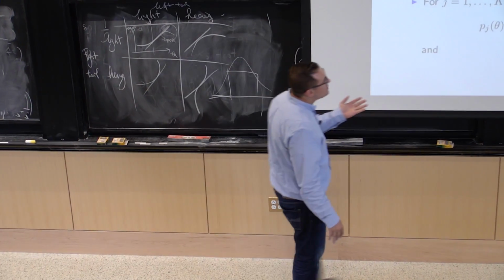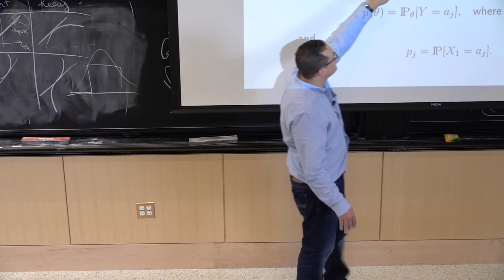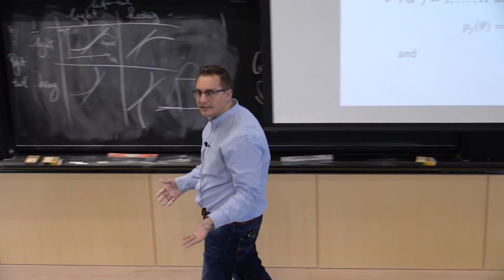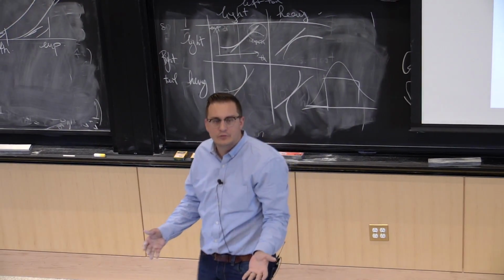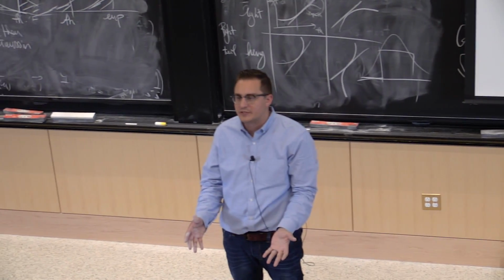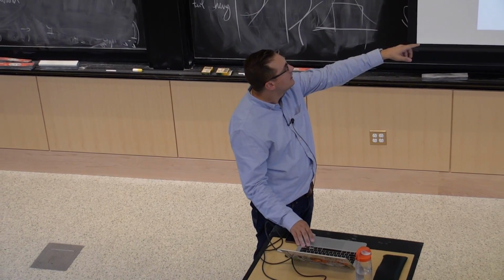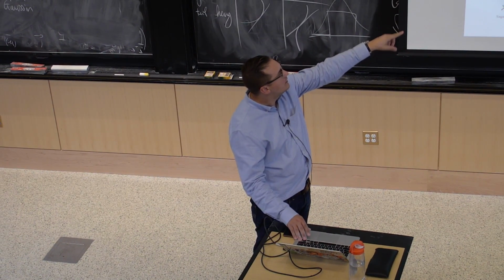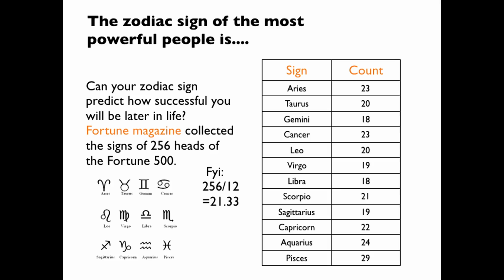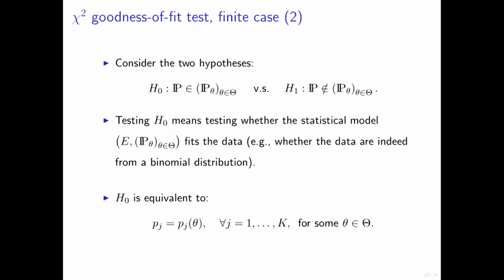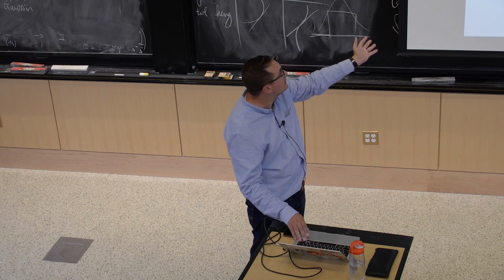So now for each outcome, I can tell you what the probability of a binomial is for this outcome. For a given k and a given p, I can tell you exactly what a binomial should give you as a probability for the outcome. And that's what I actually use to replace the numbers 1 over 12, 1 over 12, 1 over 12, 1 over 12, or the numbers 0.72, 0.07, 0.12, 0.09. All these numbers I can actually compute using the probabilities of a binomial, right?